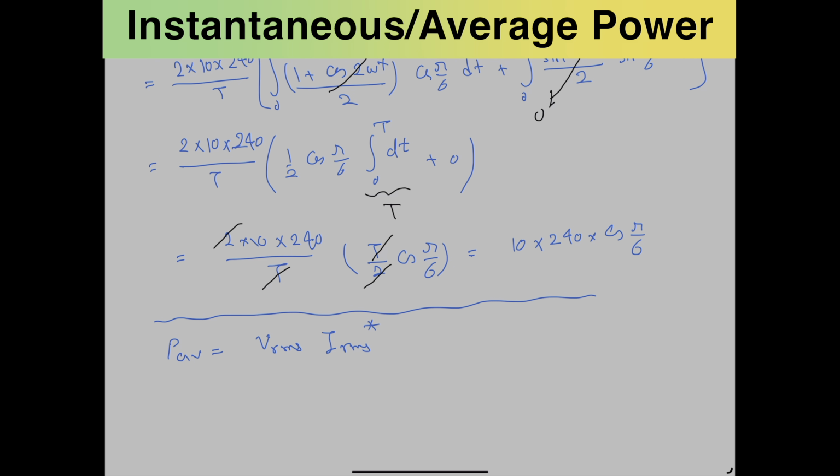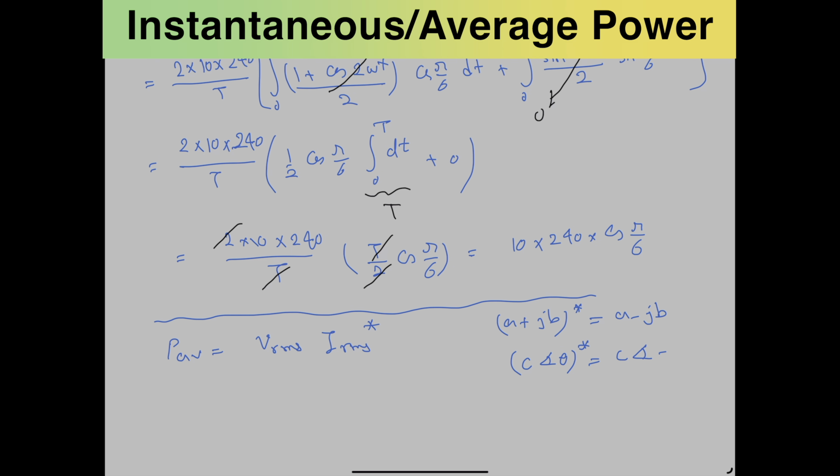The conjugate value of a complex number essentially is, if we are dealing with a plus jb, its conjugate will be a minus jb. So that's how the conjugate is being defined. However, in terms of the phase, if a complex number such as c with the phase of theta is going to be conjugated, then the amplitude is not going to be changed.